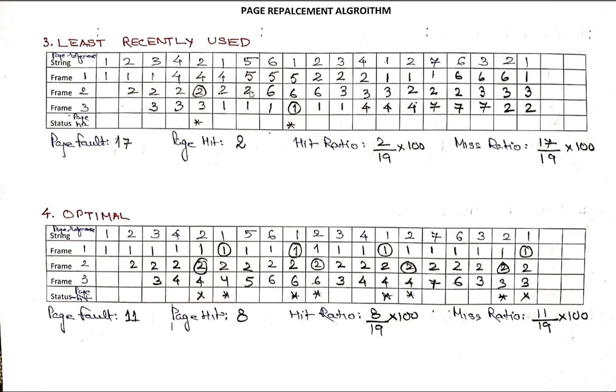When 6 comes, among 5, 2, 1, 2 is the least recently used, so 5, 6, 1. When 1 appears, 5, 6, 1 is a hit because the page is available in the RAM.